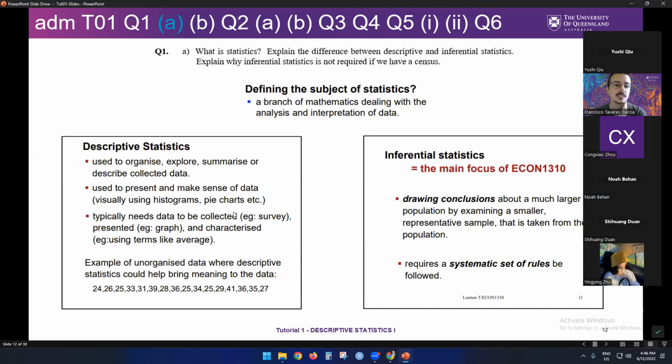Typically, it needs data to be collected, as we know. Inferential statistics, as you guys explained, is when we infer something about the total population based on the sample, and we explore a little bit more on how to do it in the next questions. But yeah, you guys did an amazing job answering this question.